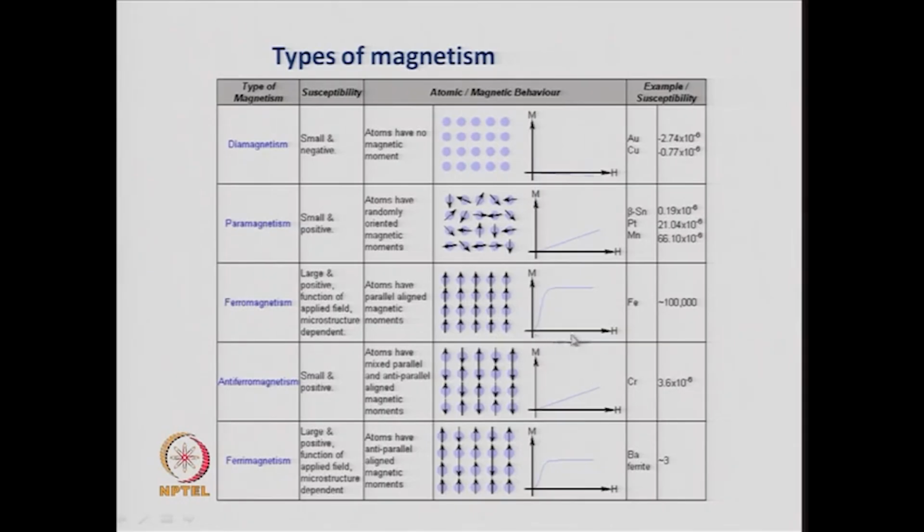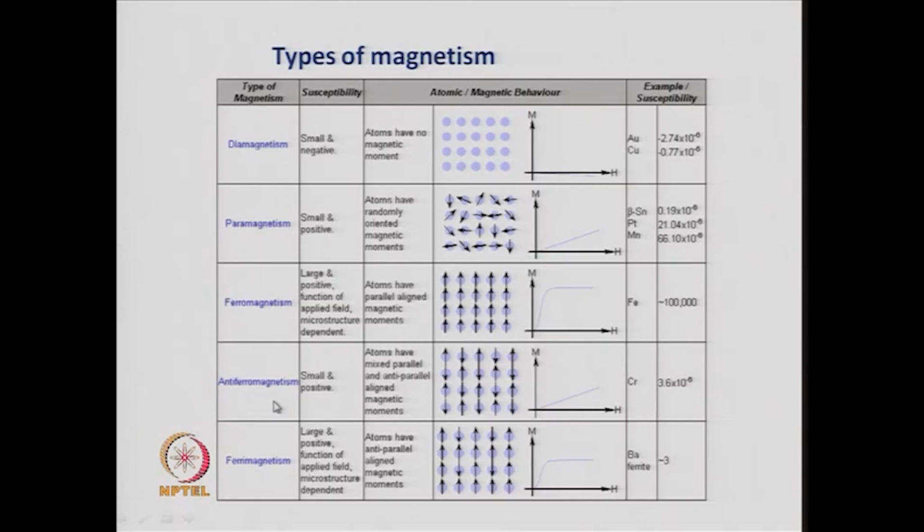So, when you apply a magnetic field, it goes to some value and becomes constant, and that is the maximum you can get when all the moments are aligned in one direction, and so it is a large value, and that is ferromagnetism. All of them align together, and the value as you can see is nearly 10 to the power 5. So, it is 11 orders of magnitude higher than diamagnetism or simple paramagnetism.